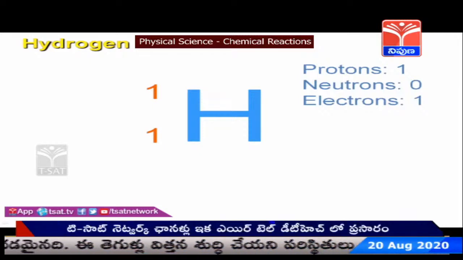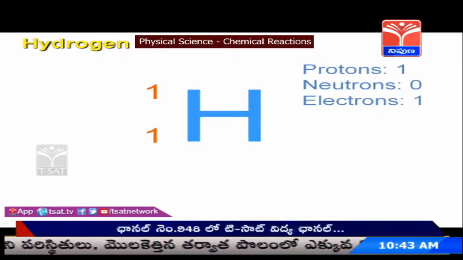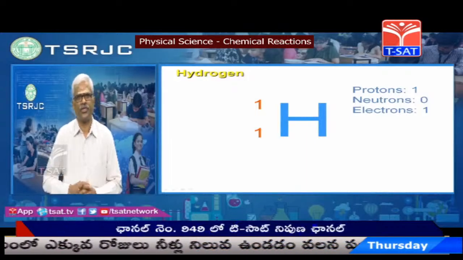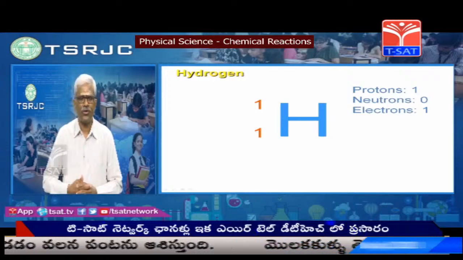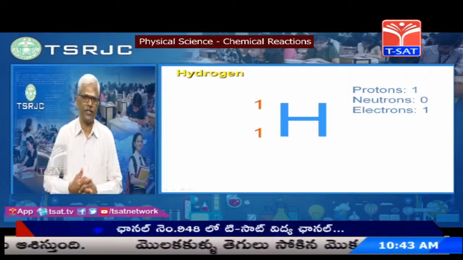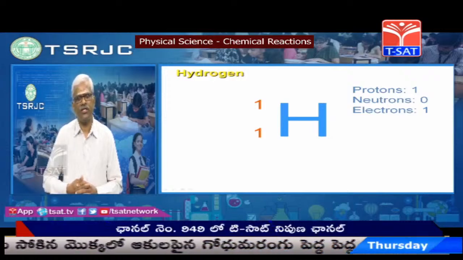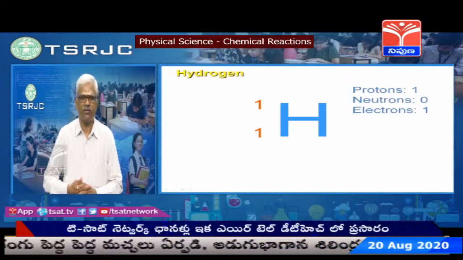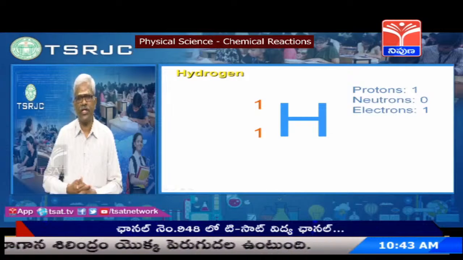But if any hydrogen atom possesses a neutron, it is treated as an isotope. Some hydrogen atoms consist of one neutron or two neutrons. So, we will see three isotopes for hydrogen, namely H1, H2, H3.